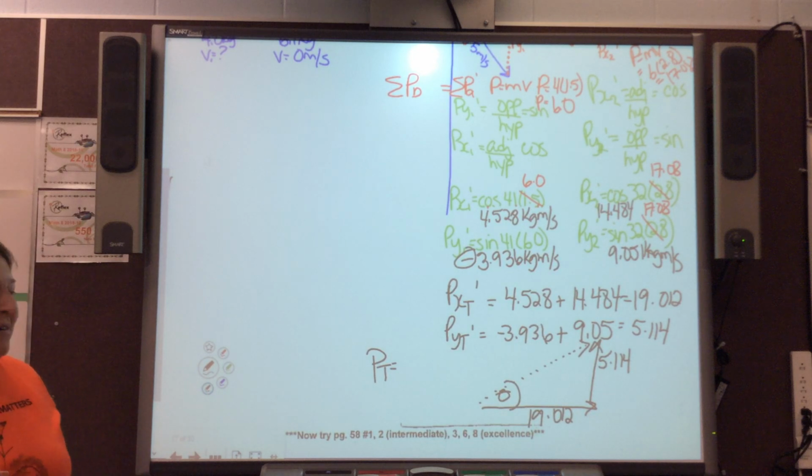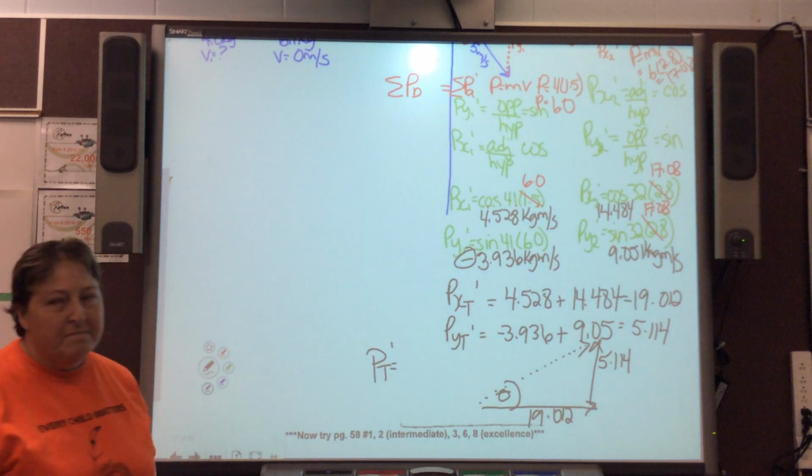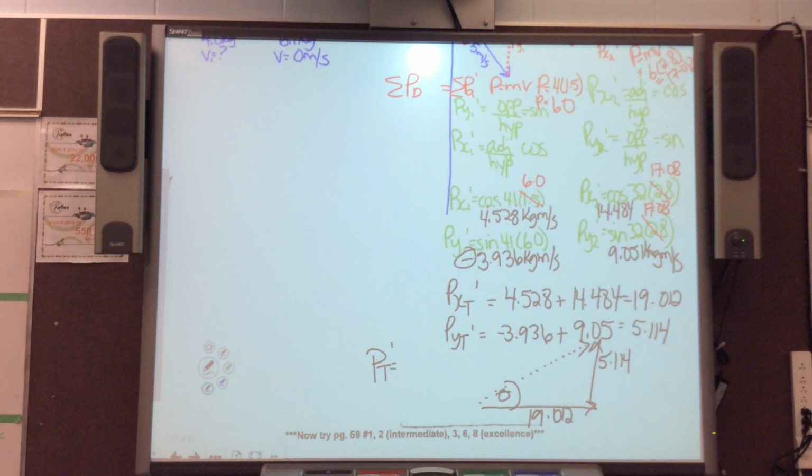So when we do the trig on this, what do we get for total momentum prime? Well, I'm still doing the addition part. I was generous and gave you the answer. I want somebody to tell me the P total prime.